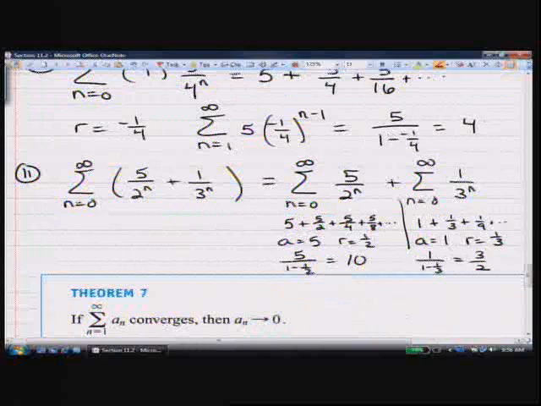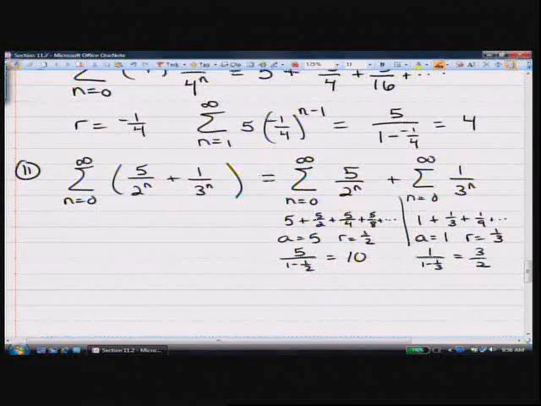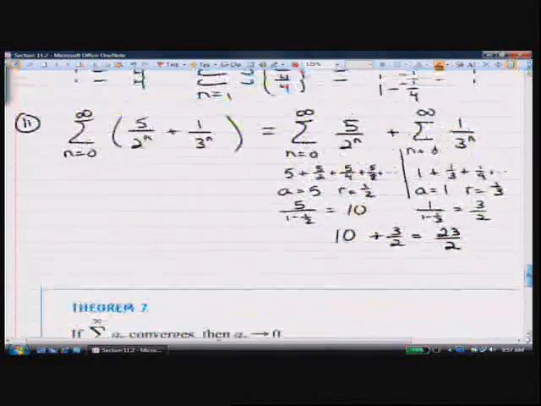And so this is 10 plus 3 halves, which is 11.5 or 23 halves. Okay, so you could actually get it where you have two geometric sums that you're adding together. So that's kind of fun.